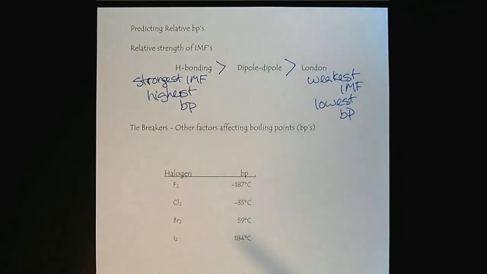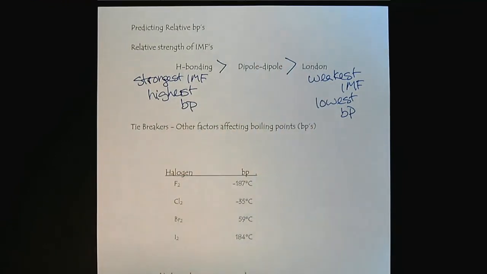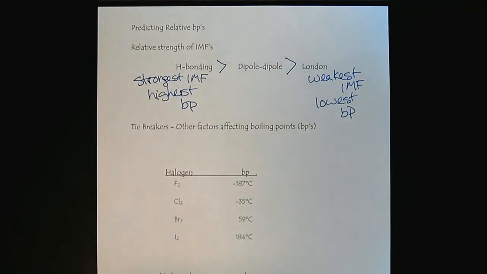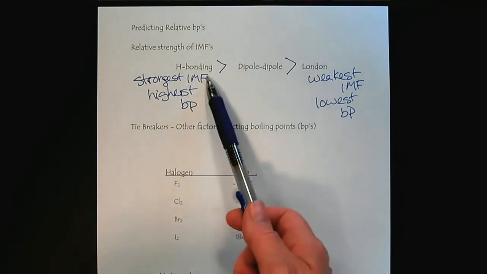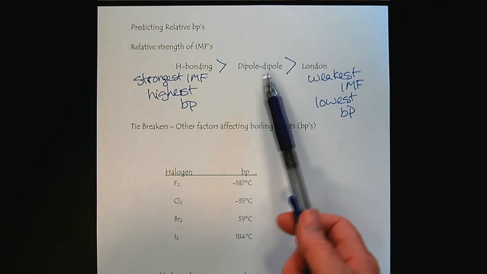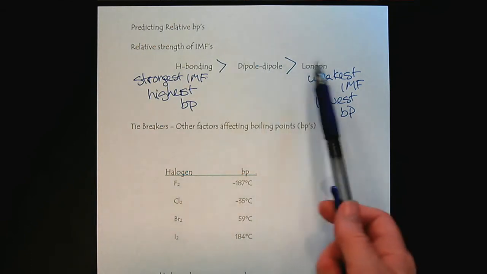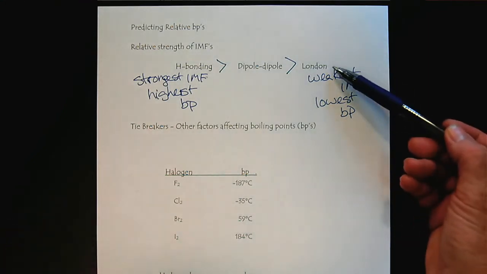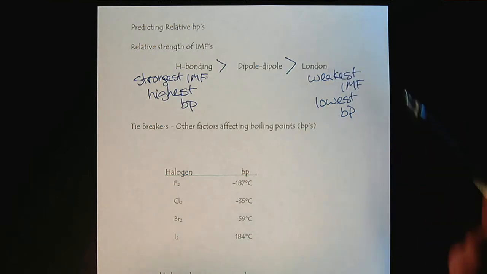If you are given 3 compounds with 3 different intermolecular forces, it's going to be very easy to predict the relative boiling points. However, what happens if you're given 2 compounds that H bond, or 2 compounds that are both dipole-dipole or London? We need to have a way to do the tiebreaker. So the tiebreakers are really linked to our understanding of London forces, right?